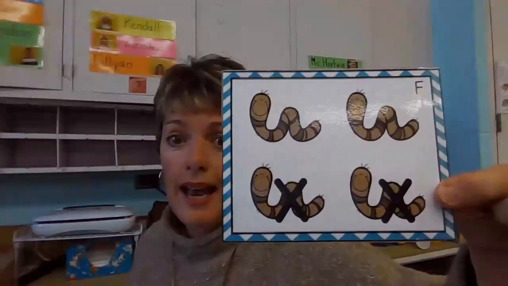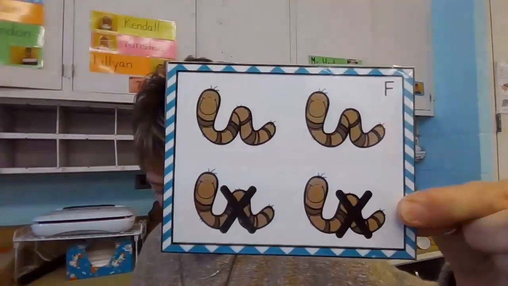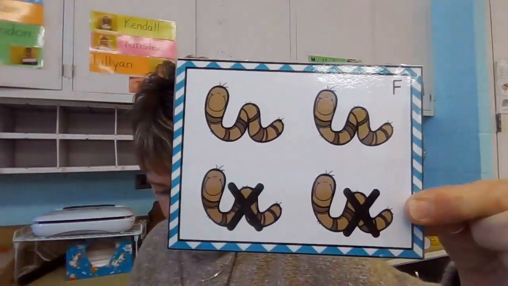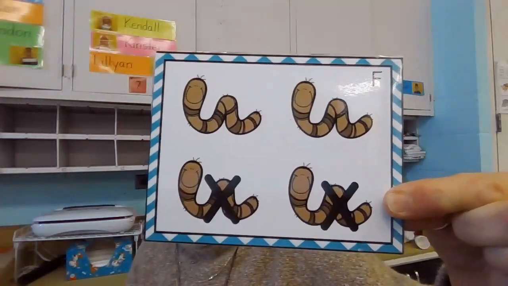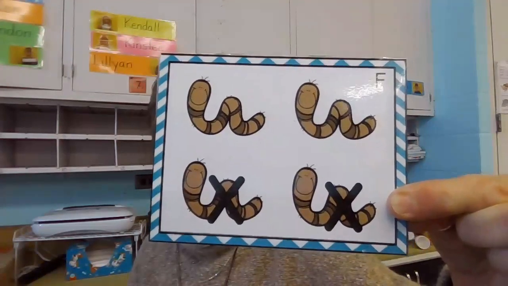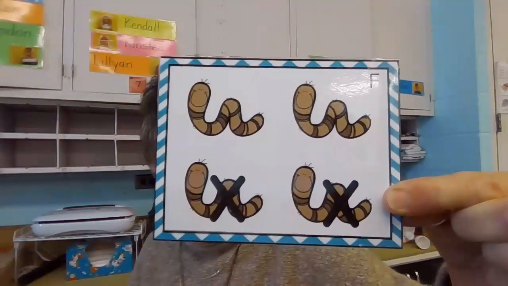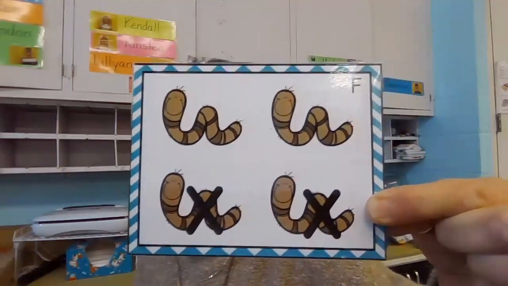Next one is worms. That is F. Look at how many worms there are all together. How many worms have X's on them? How many are left that don't have X's on them?